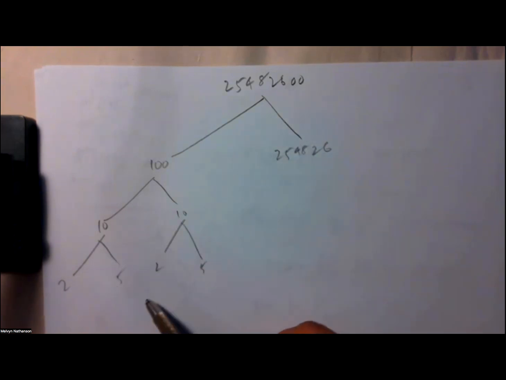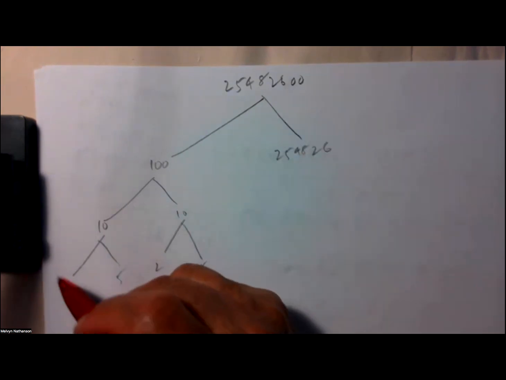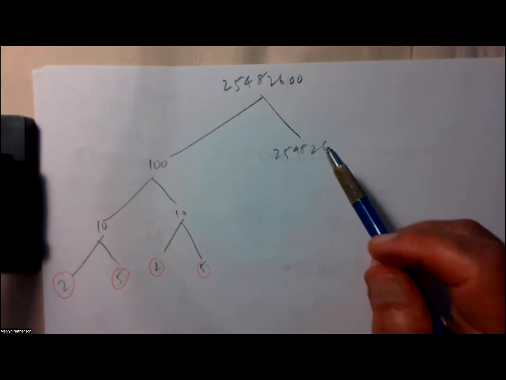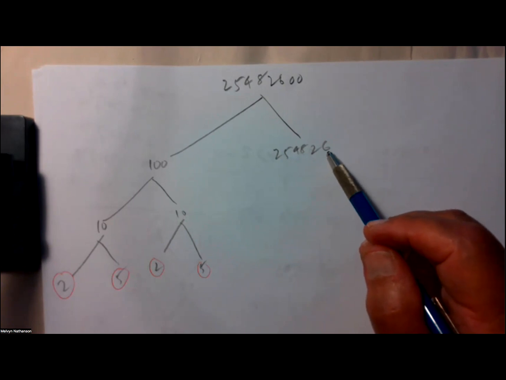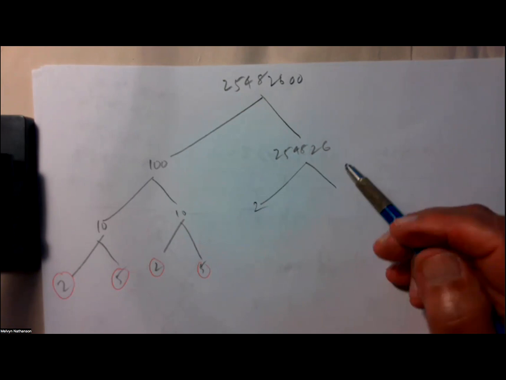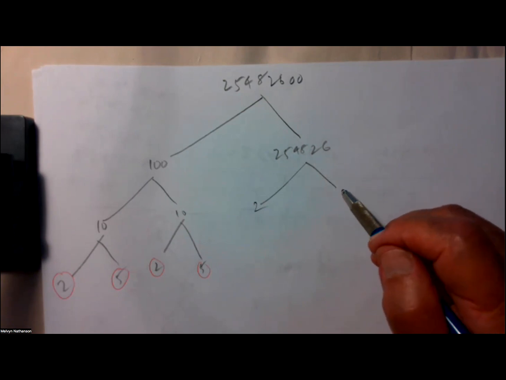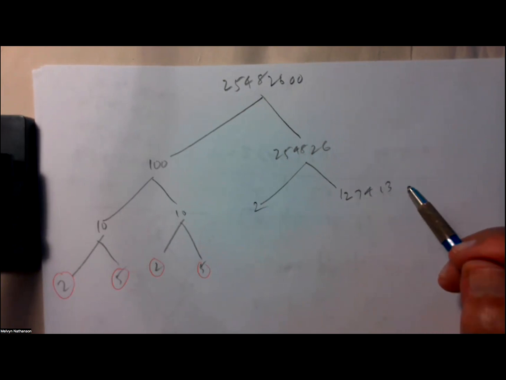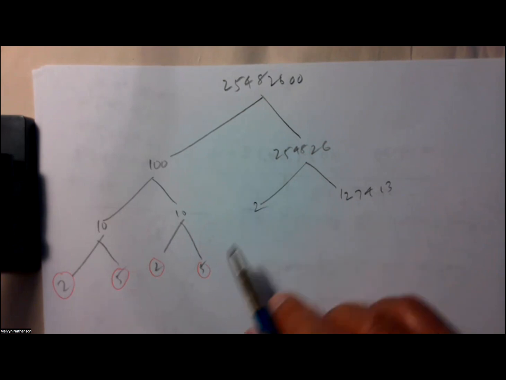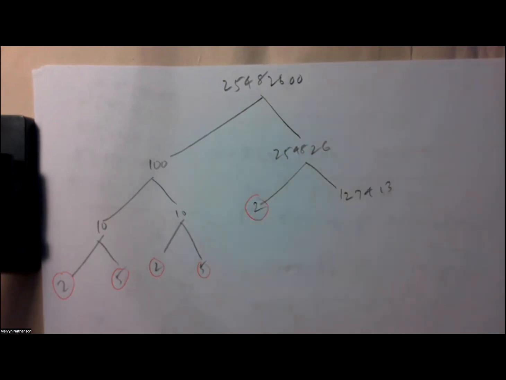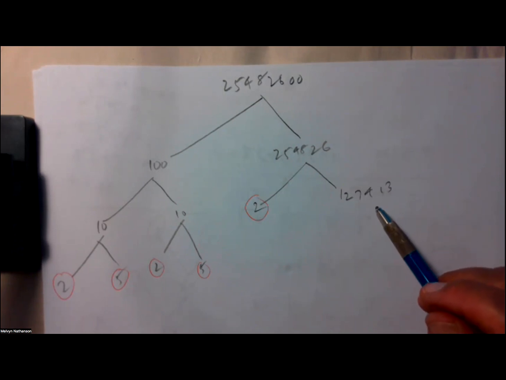And along this branch of the tree, I can't go any further, because these are primes. But what about this? Well, of course, this is clearly even, because it ends in a 6. So this is 2 times, if I divide this by 2, I get 127413. Okay, so this is a prime, so I can't go further down on this left branch, but I hope I did this right.